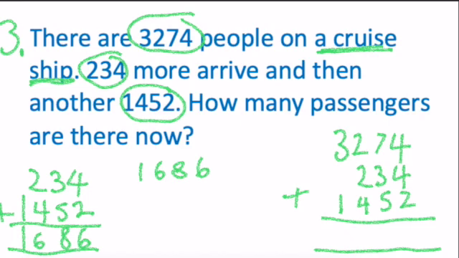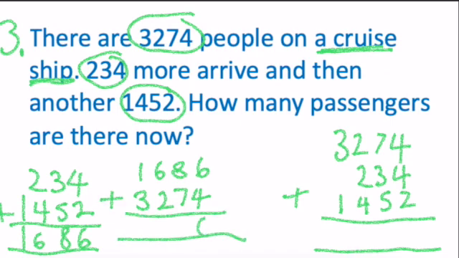And I'm adding 3,274. 6 add 4 is 10. Carry the 1. Now I can make that 7 into an 8. And 8 add 8 is 16 because that's a double. 6, 7, 8, that's 9. That's 4. So 4,960.